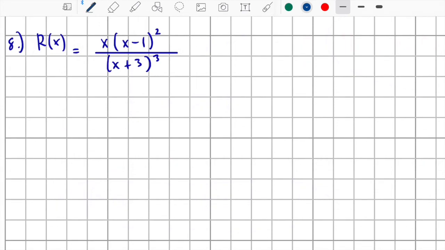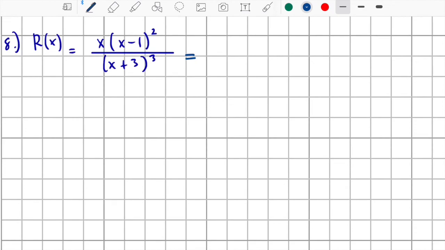For this one, I want to expand it because we're going to be taking the limit at the infinities. So let me expand. This will be x times x squared minus 2x plus 1, over x plus 3 cubed.